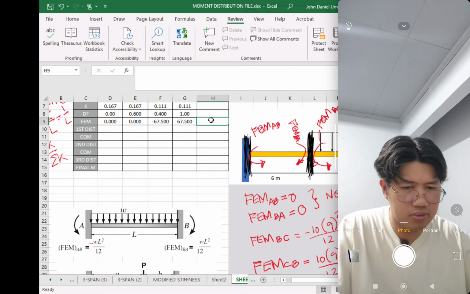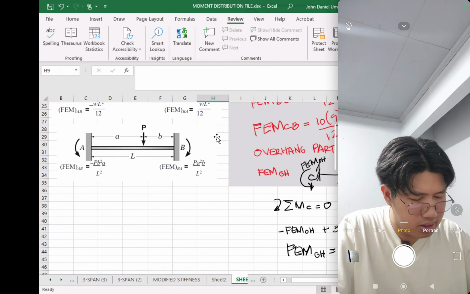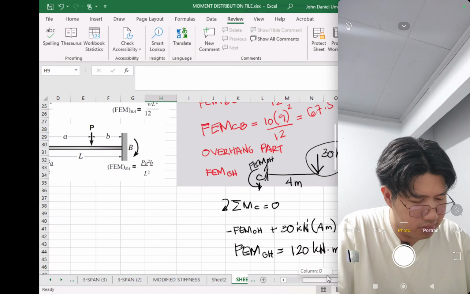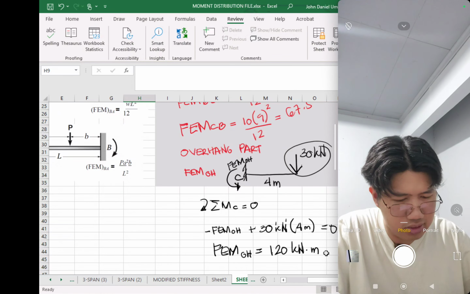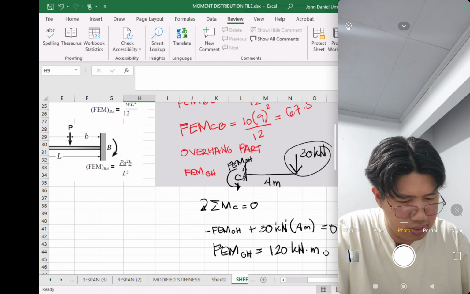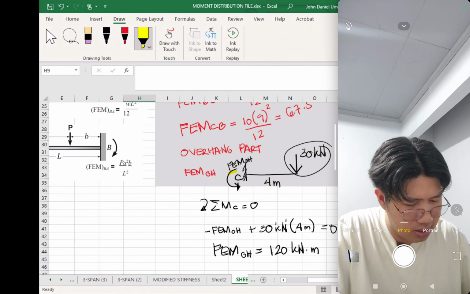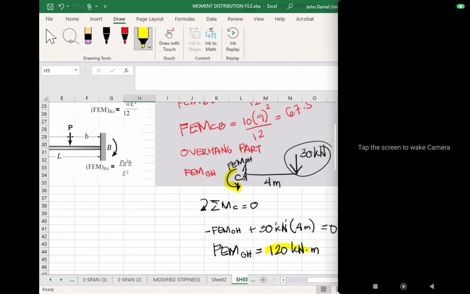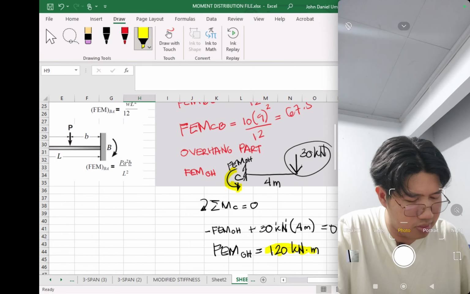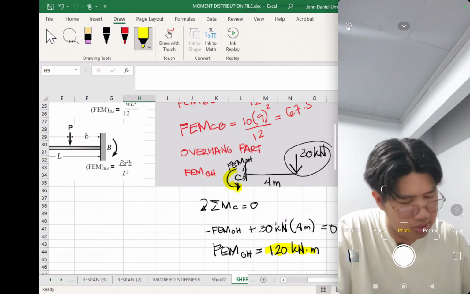Okay, so 120, but it is value lang yon. Kailangan natin lagyan ng direction. So, since nakuha natin or inassume natin counterclockwise and then we get a positive answer, ibig sabihin tama yung inassume natin na counterclockwise to.